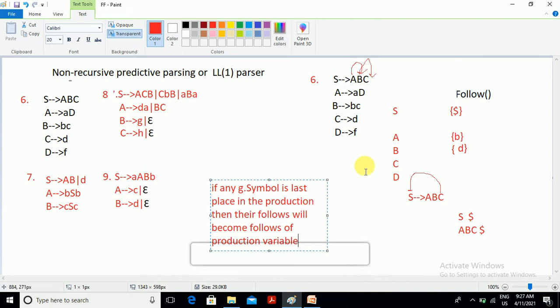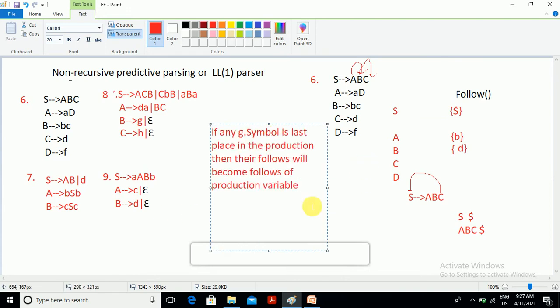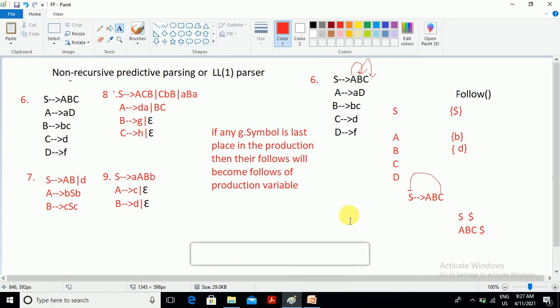This is a rule not only for the start symbol. This is a rule for any kind of production.